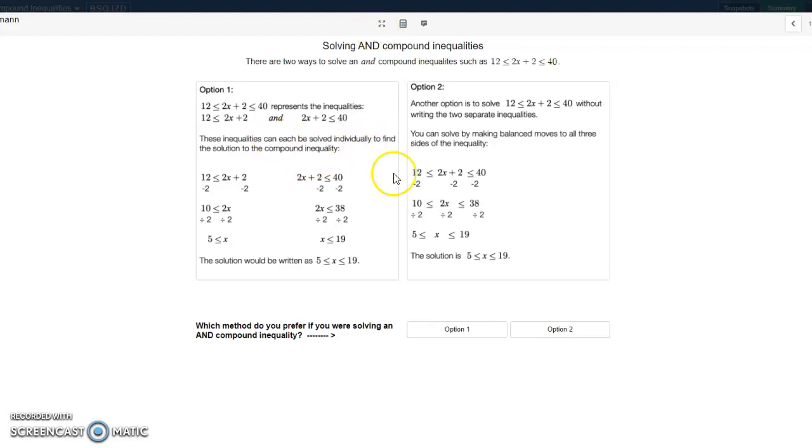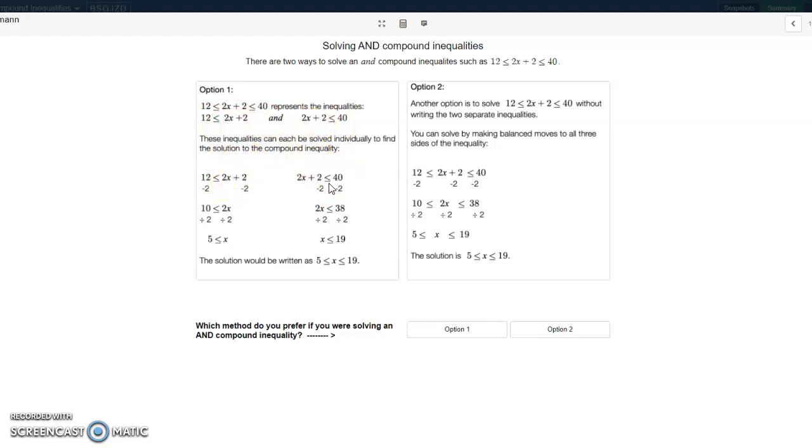And then this slide will compare the two ways that you can solve an and compound inequality. So let's talk about it really quick. So here, in the first option, they break up the compound inequality into two separate inequalities.